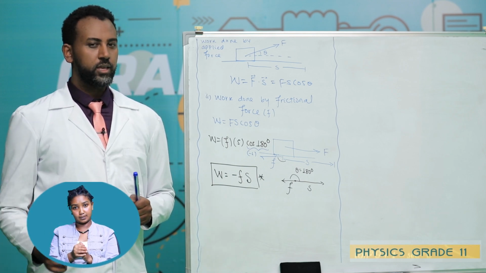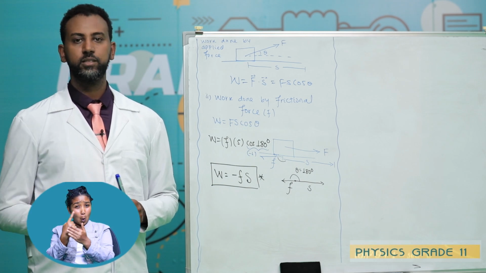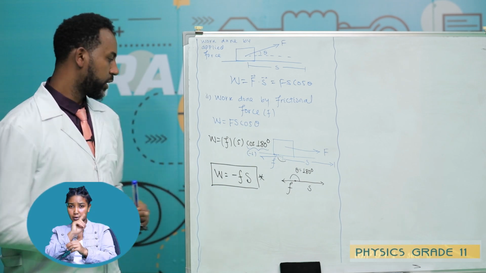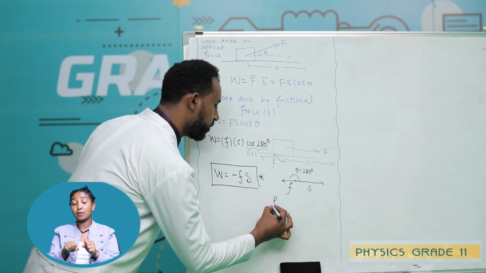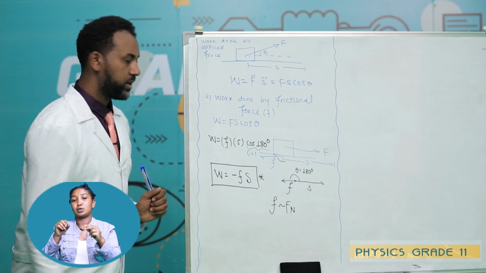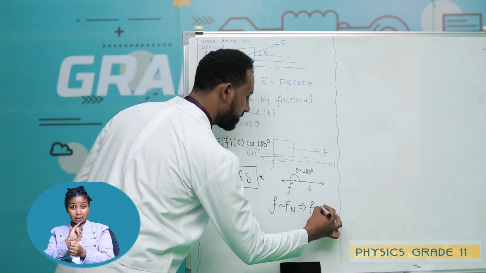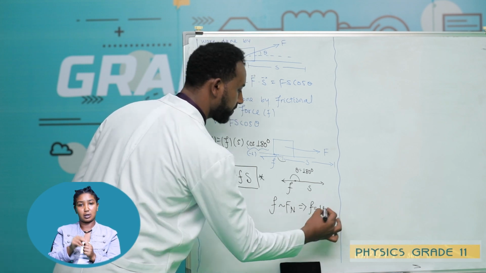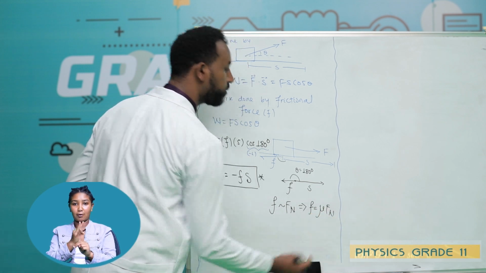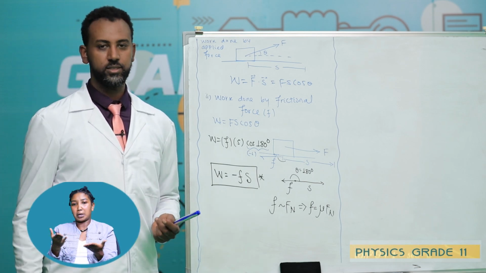Students, do you remember that frictional force is only affected by normal force? I hope you do. Frictional force is directly proportional only to the normal force. And the mathematical expression of frictional force is the coefficient of friction, mu, times the normal force, where mu represents the type of the material at the contact surface.